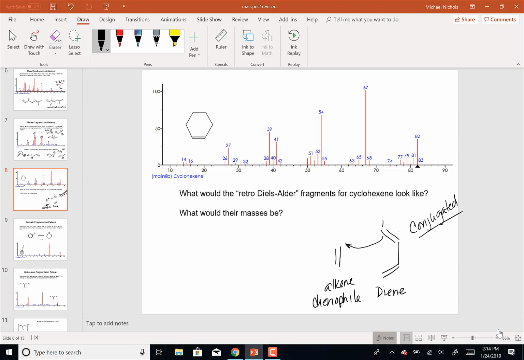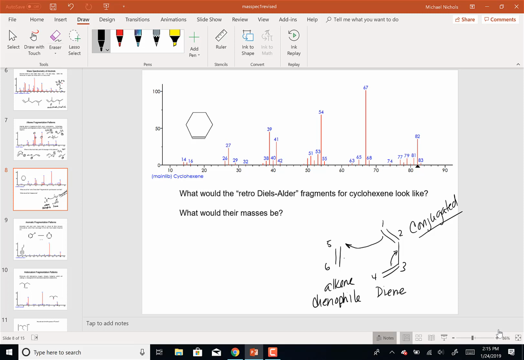Let me put my numbers in. So I number 1, 2, 3, 4 on the diene, and then carbons 5 and 6 on the alkene. The carbon 1, carbon 2 double bond breaks to form the carbon 1, carbon 5 single bond. The carbon 3, carbon 4 bond breaks to form the carbon 2, carbon 3 bond, now a double bond.